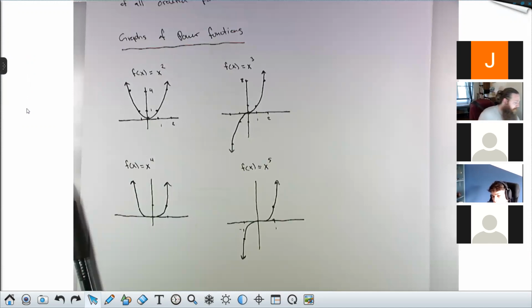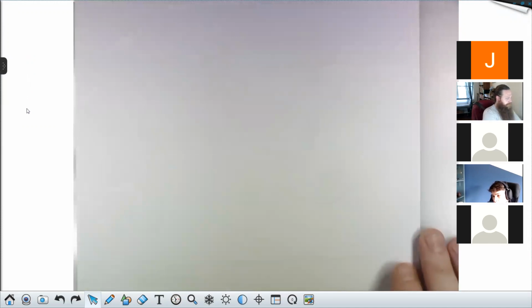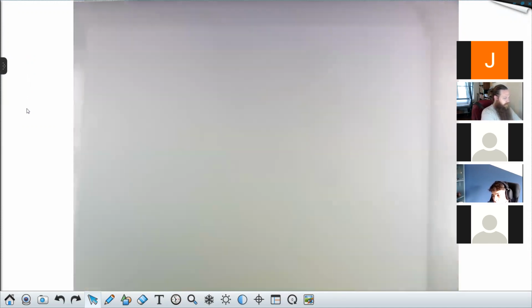Some other things which are power functions are the square root function, the cube root function, and the reciprocal function.